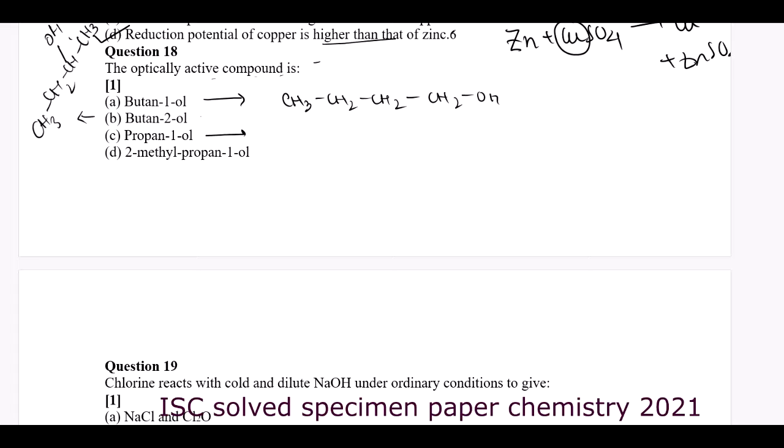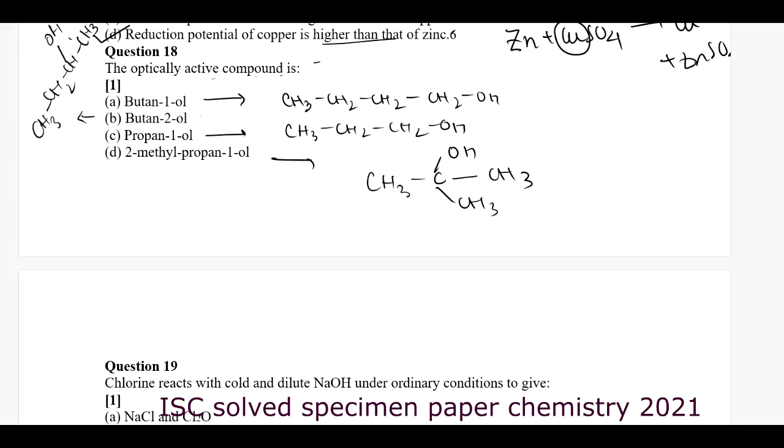Propan-1-ol is CH3, CH2, CH2, OH. Then 2-methylpropan-2-ol, with a methyl group at the 2 position, another CH3, and OH. So the fourth option is 2-methylpropan-2-ol.